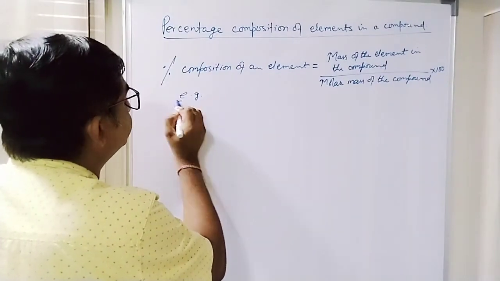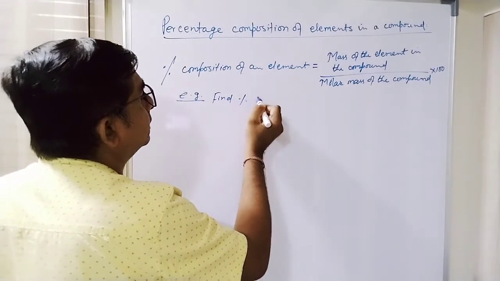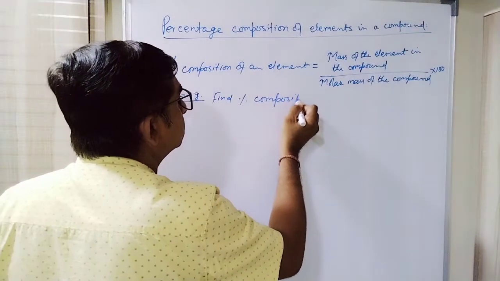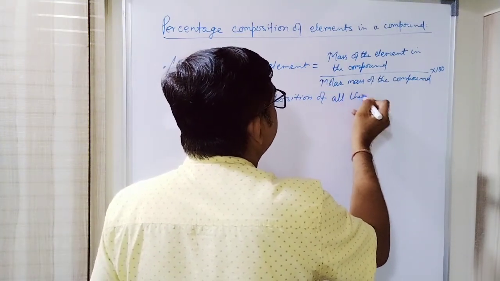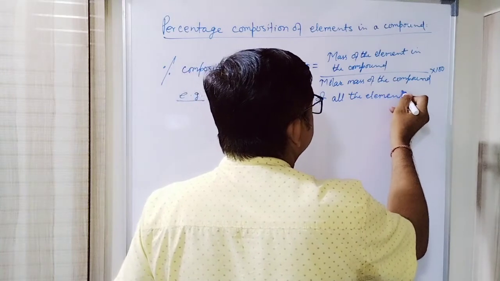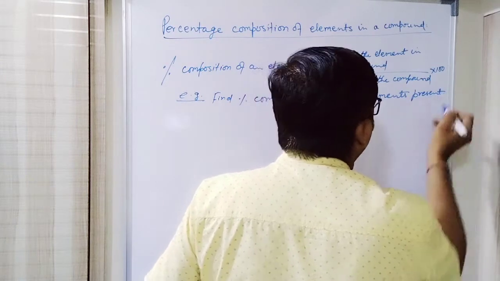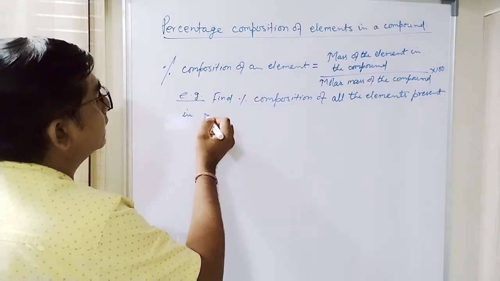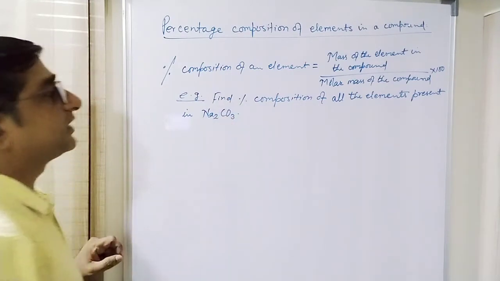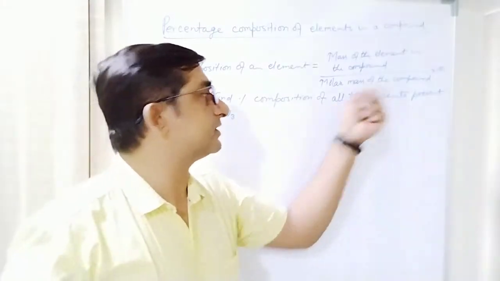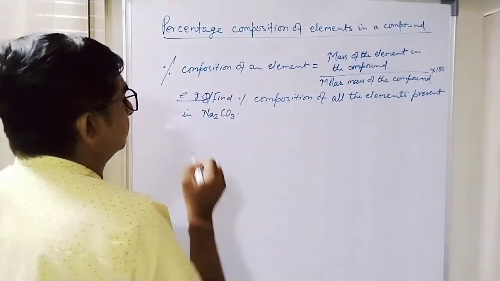As for example, find the percentage composition of all the elements present in sodium carbonate, Na2CO3. This is the question.